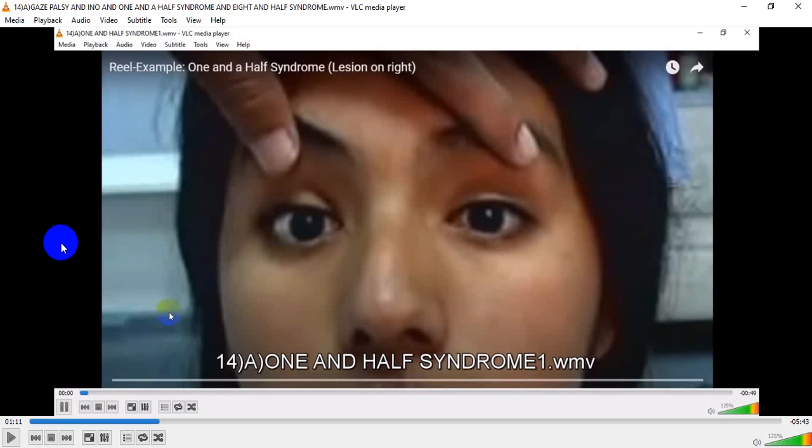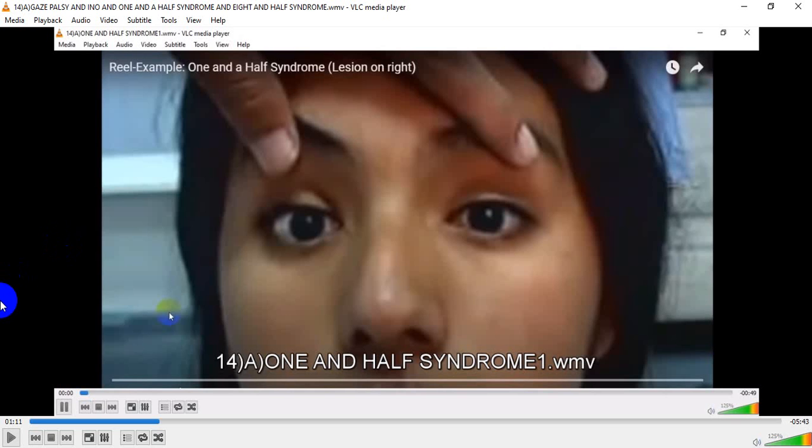And also if there is damage to the PPRF, that is the parapontine reticular formation, which stimulates the 6th cranial nerve, then on the affected side there will be absence of movement of the lateral rectus, that is abduction. There will also be an effect on medial movement because of damage to the medial longitudinal fascicle of the opposite eye, and that is called 1.5 syndrome.